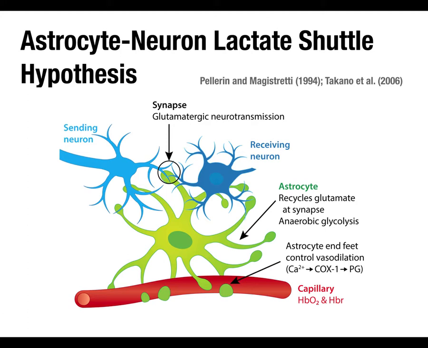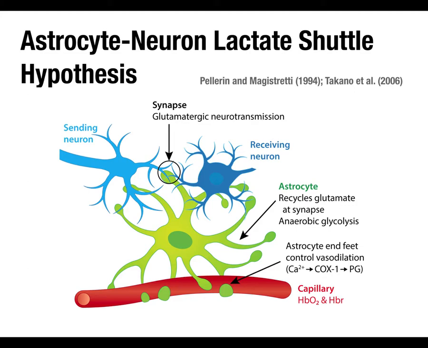As neural activity occurs, glutamate gets spit out of the sending neuron into the synaptic cleft and activates the receiving neuron. Then that glutamate is floating around, and the astrocytes take it in and deactivate it, changing its chemical structure slightly, and then they have processes that feed it back into the neurons. So that's the neurotransmitter recycling cycle: the astrocytes take this glutamate up, change it around, and send it back to the neurons to use again.